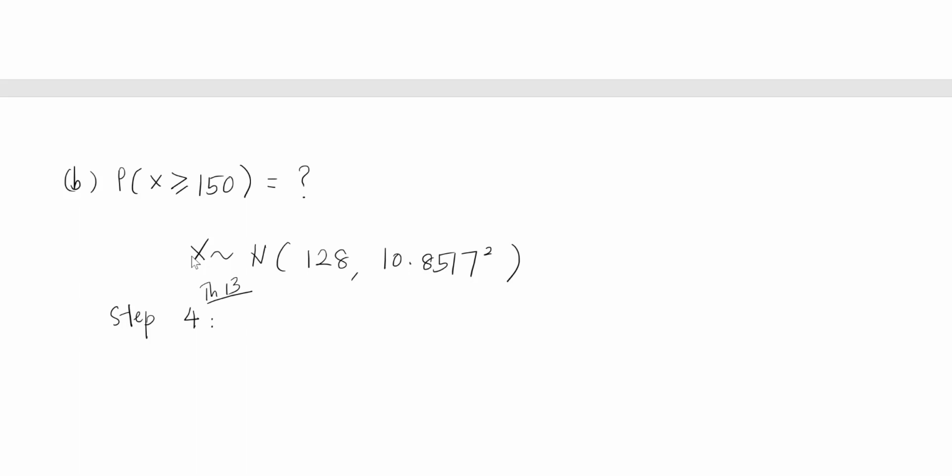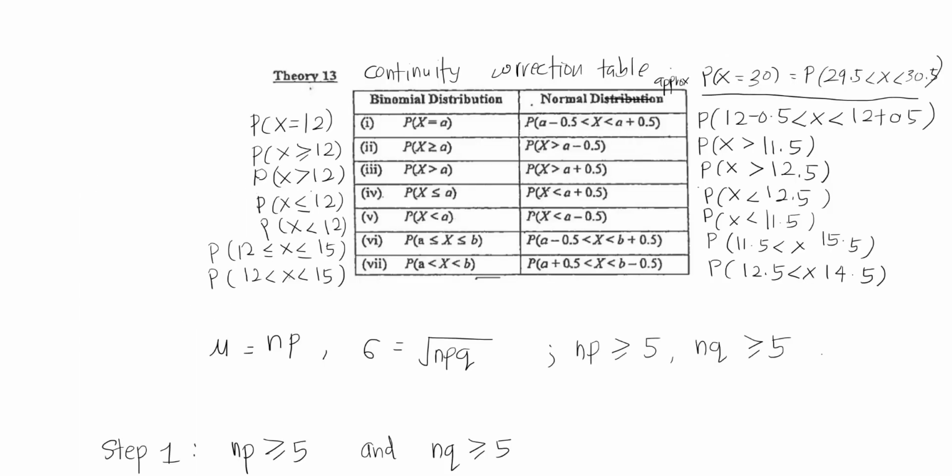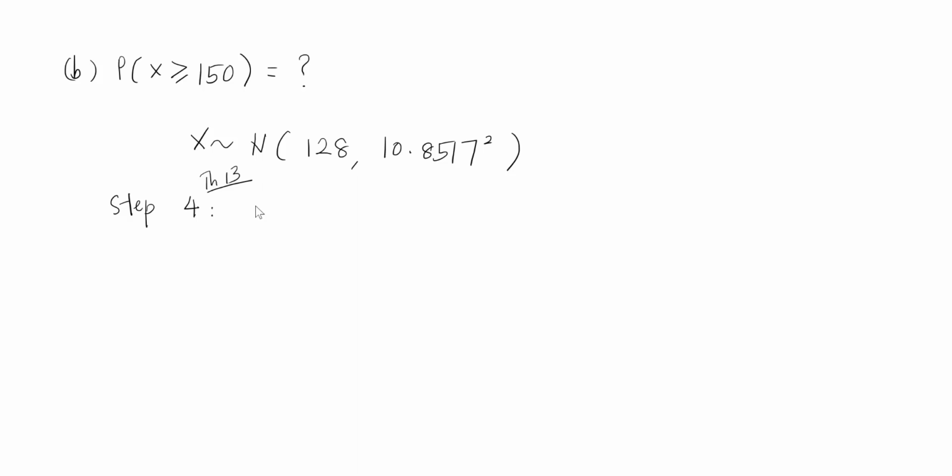When X is greater than or equal to 150, it's equal to X greater than 150 minus 0.5, that means 149.5.